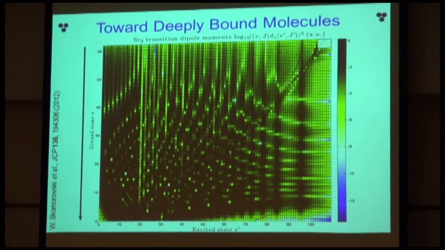So basically, that's really not the right color scheme, but that doesn't matter. These are all Franck-Condon, or actually all transition dipole moments, from all the ground state levels in our molecule to all the excited states within that manifold. And everything I've shown so far has been confined to this little rectangle because we were working with weakly bound molecules. But luckily, a lot of the strong transitions recur all the way to very deeply bound molecules.